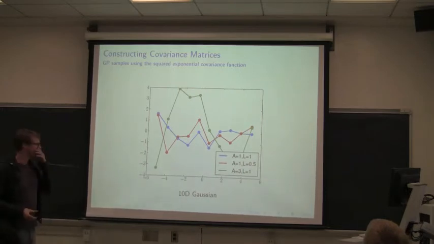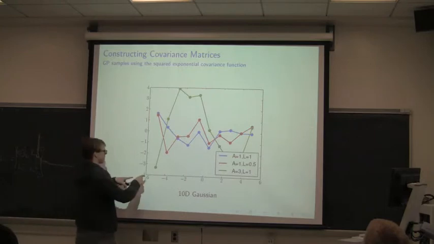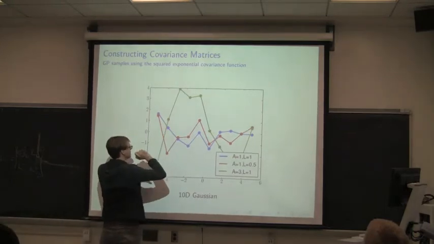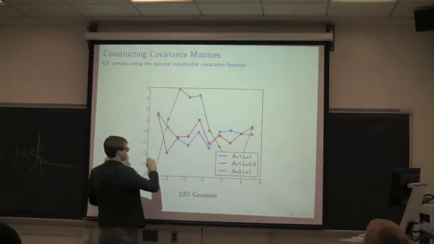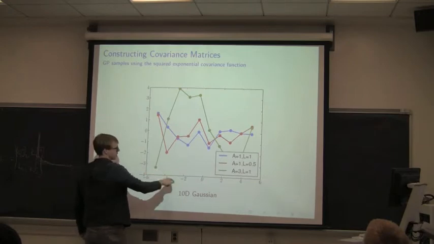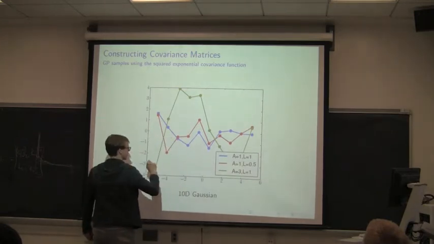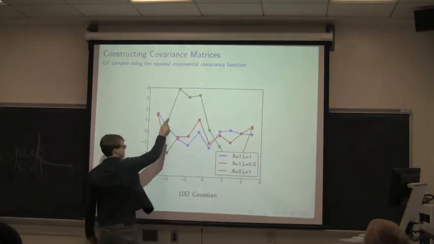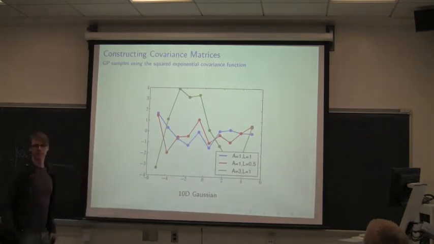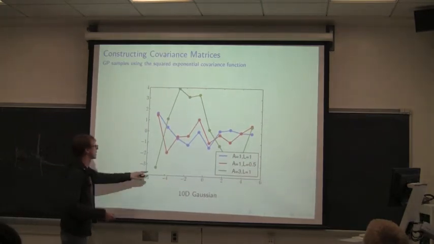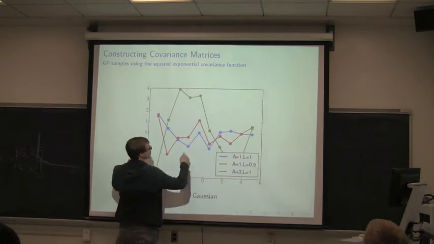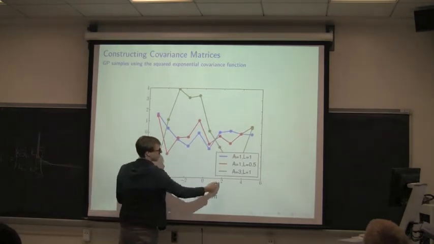So the covariance between this point and this point is given by the squared exponential with these two parameters of -5 and 4, and so on and so forth. That means you have a covariance between this point and this point just by plugging in the two x values.